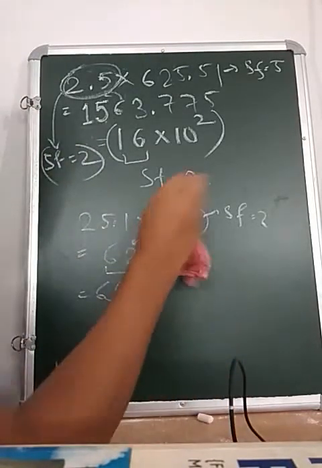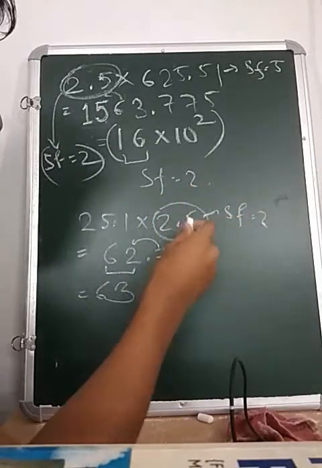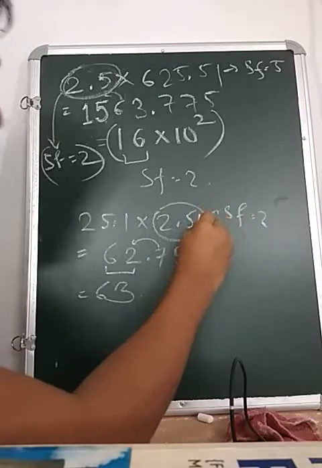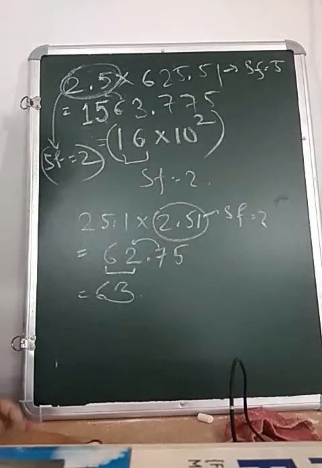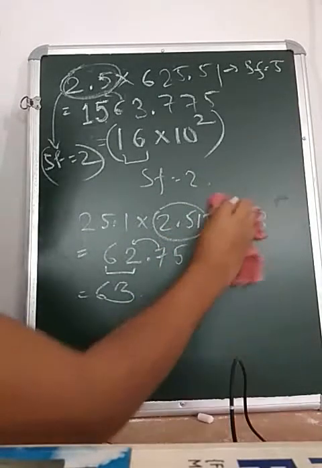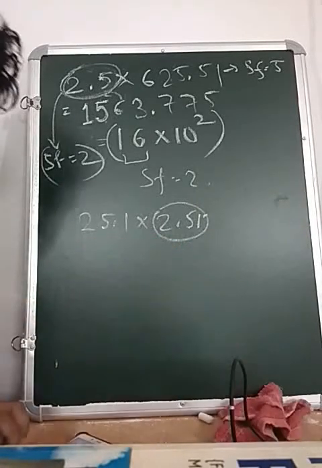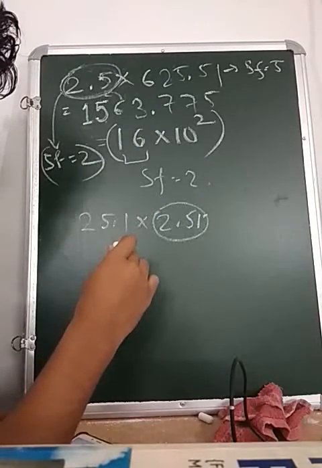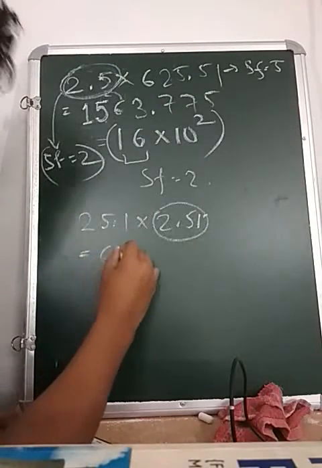Okay, suppose it is 25.1 into 25.1. So what will be the result? 630.01.